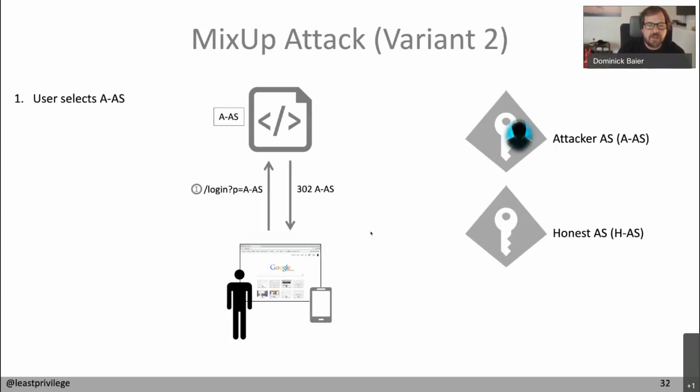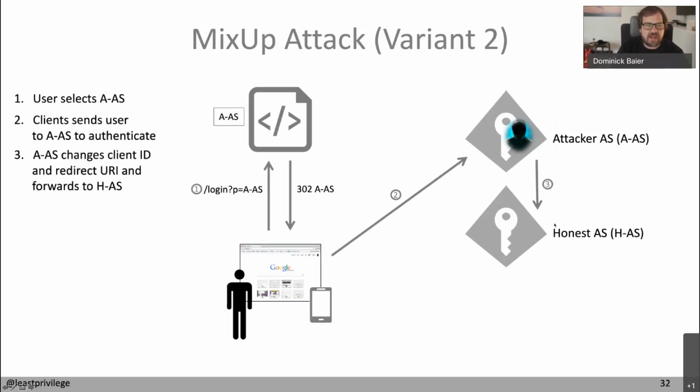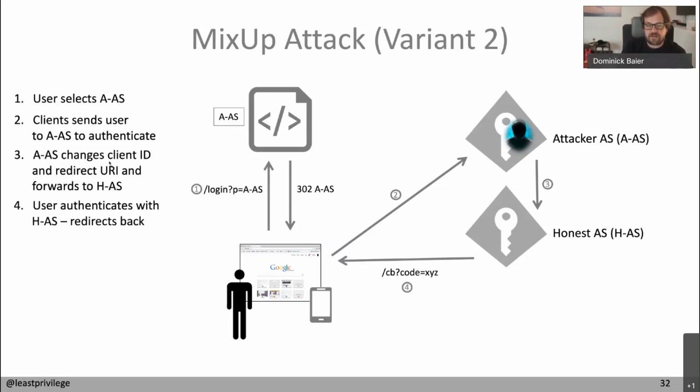Okay, so far so good. Now the client sends the user to the attacker AS. The attacker AS knows, well, he doesn't expect to come to my place, so he immediately forwards the browser to the honest AS by rewriting the client ID and the redirect URI. So now the user will see the real authorization server with the real login page and so on and so forth. He will log in, then the honest AS thinks that is a legitimate request coming from the client and will send the code back to the client.